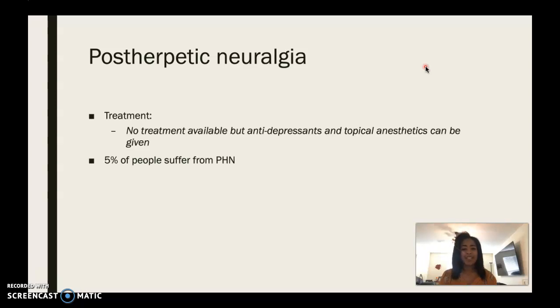And then topical anesthetics can be given to decrease the amount of pain, but there's no treatment to fully get rid of the PHN. Around 5% of people suffer from PHN, so it's not too common, but when it does happen, it's very horrible for those people.